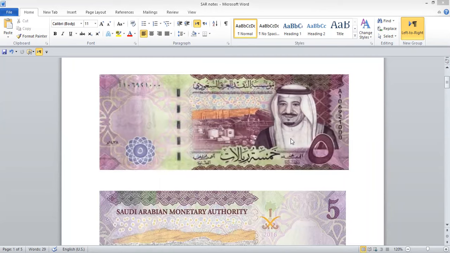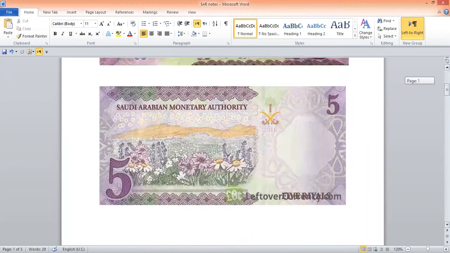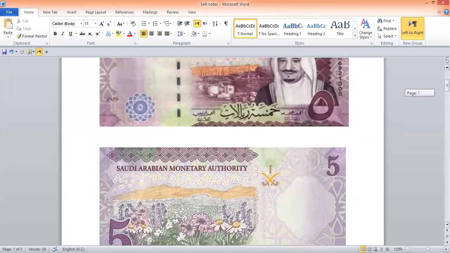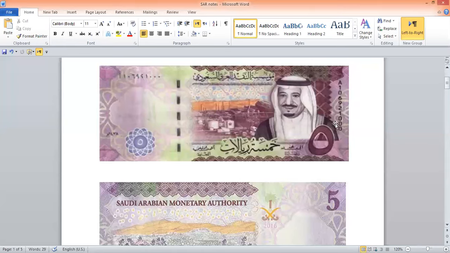In Saudi Arabia, we have a 5 real currency note, and a 1 real currency note also. And guys, this is the back side of the 5 real currency note. You can see here that it's written 5 also. On the currency note of any country, the value must be written. On the back side it is written in English, and on the front side it's written in Arabic.